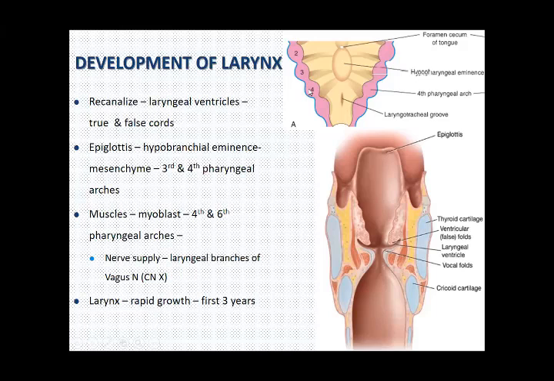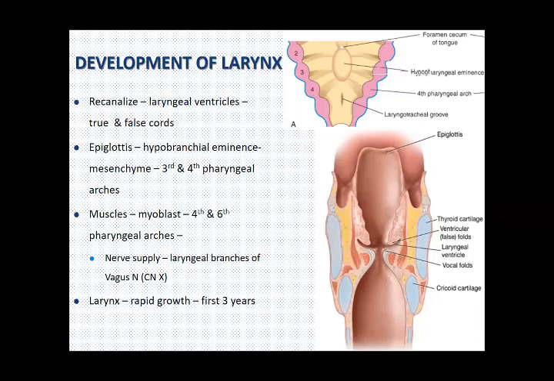So the cranial nerve of the fourth and sixth arch is the vagus nerve. The fourth arch is supplied by the superior laryngeal nerve, in fact its internal laryngeal branch, and the sixth arch by the recurrent laryngeal nerve. So the muscles of the larynx are supplied by laryngeal branches of the vagus nerve.